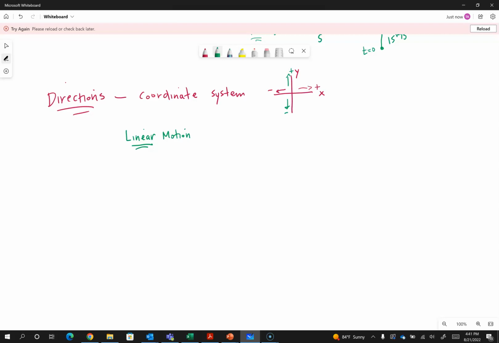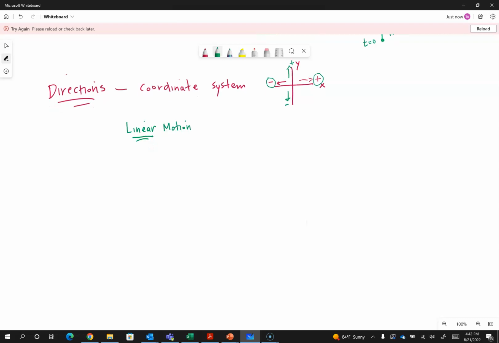Moving to the right will be positive because in our Cartesian coordinate system, to the right is a positive x value. To the left is negative. Our object is either going to be moving horizontally or vertically. We will talk about, like the child on a slide, moving along a slope, but we need to talk about x and y first. So right now, let's just assume whatever object we're going to talk about is moving left or right.